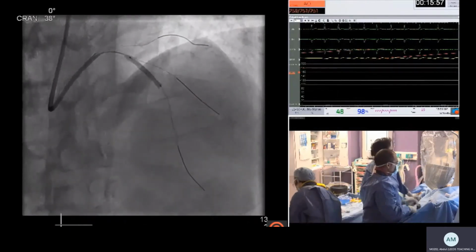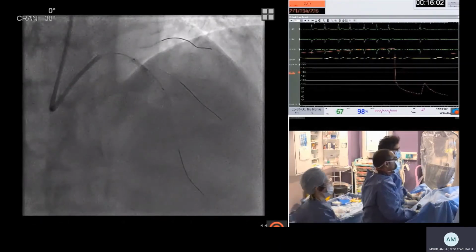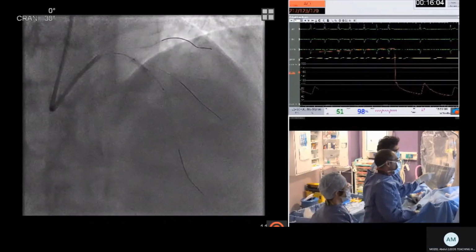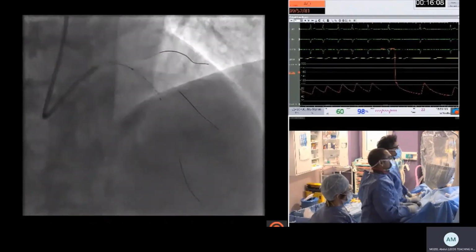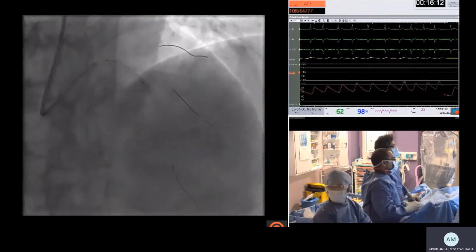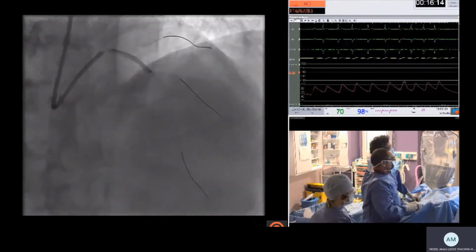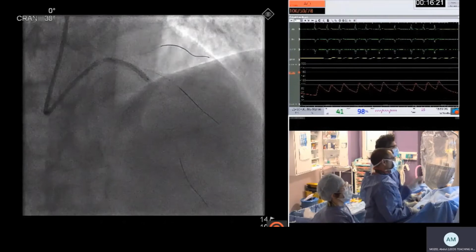So we left a few struts before the diagonal, and you can see there is good expansion of the stent. This was deployed at 14 atmospheres. We withdrew a few millimeters and went up to 20 atmospheres here, with excellent expansion.